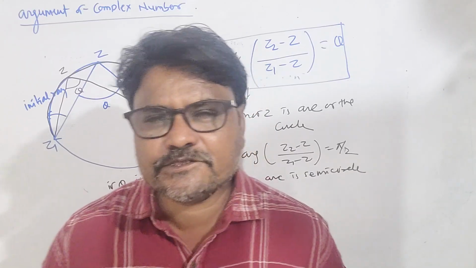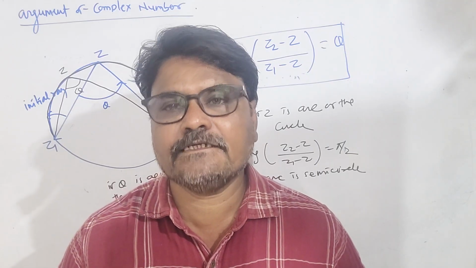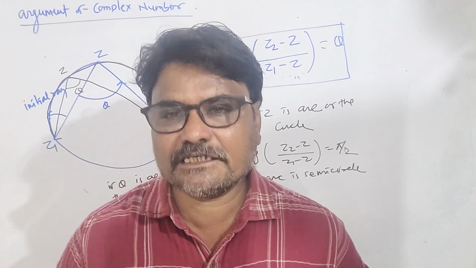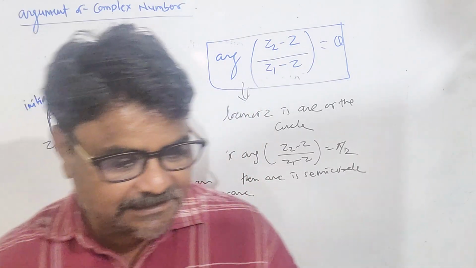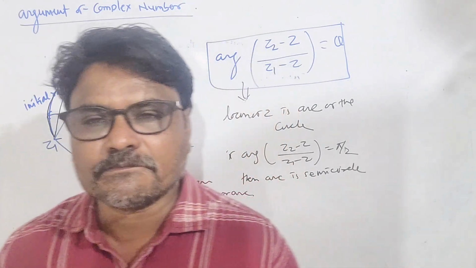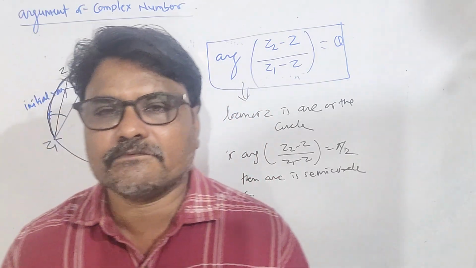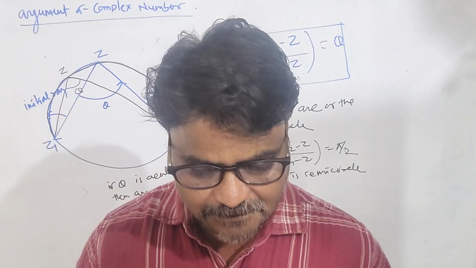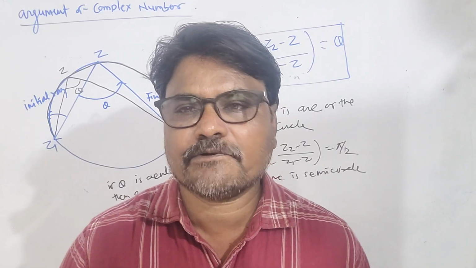At that time you have to replace Z by x plus iota y and then convert it into coordinate geometry, so that you get the equation in terms of x and y, and you can easily identify whether it is a circle, parabola, ellipse, or whatever it is, correct. That is the important thing. Okay, so let's do some problems over here.